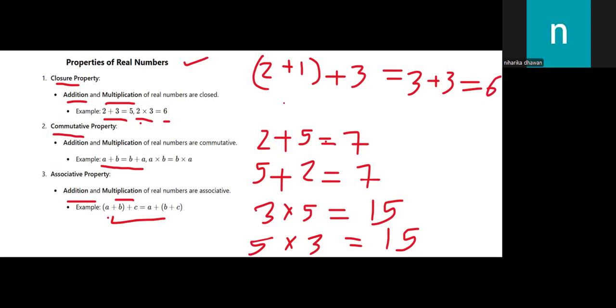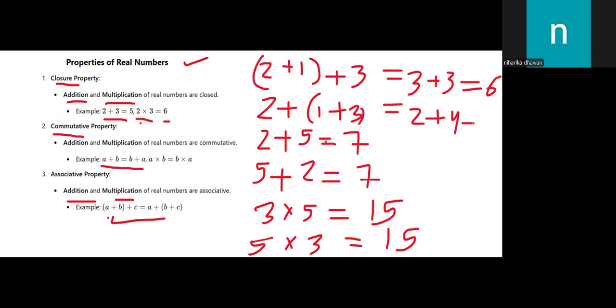Now, earlier I have added 2 and 1, then I have added 3 to them. Now what I am doing, I am first adding 1 and 3, then I am adding 2 to it. So we will get 2 plus 4 equal to 6.